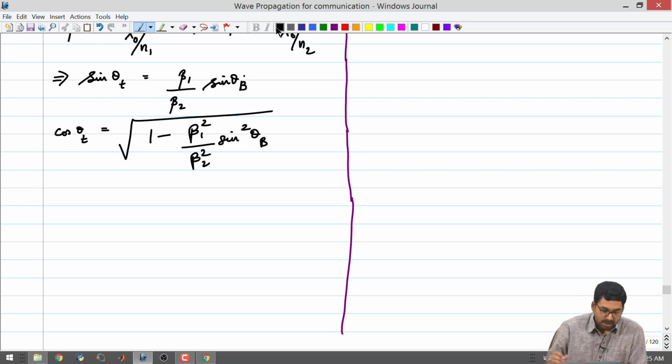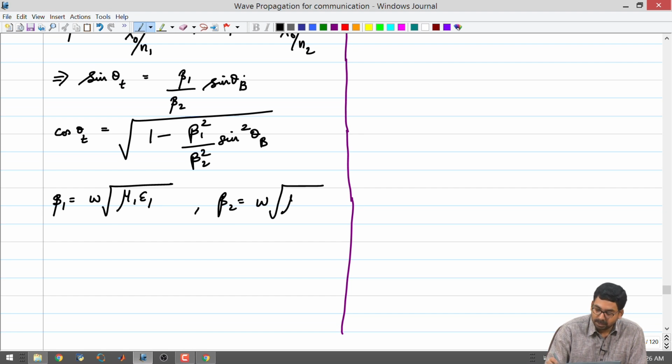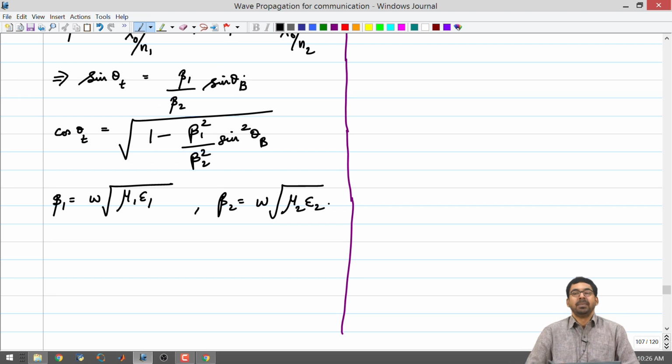Now, if I have written it with beta 1 and beta 2, I remember that beta 1 is omega square root mu 1 epsilon 1 and beta 2 is equal to omega square root mu 2 epsilon 2.